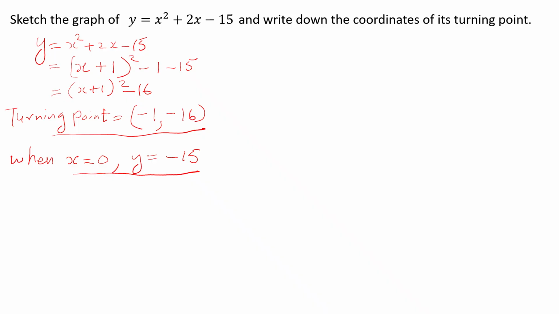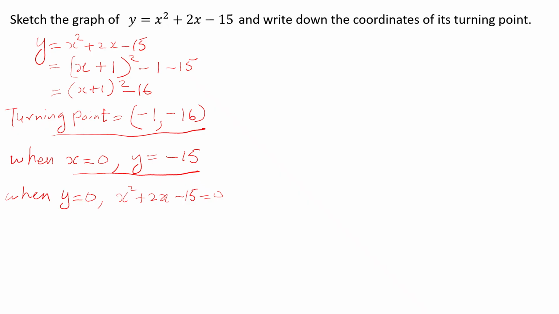Next, to find the roots, or where the graph cuts the x-axis, when y equals 0, so x squared plus 2x minus 15 equals 0. So we need to factorize this one. If you multiply two numbers you get negative 15, and if you add the numbers, you get positive 2.